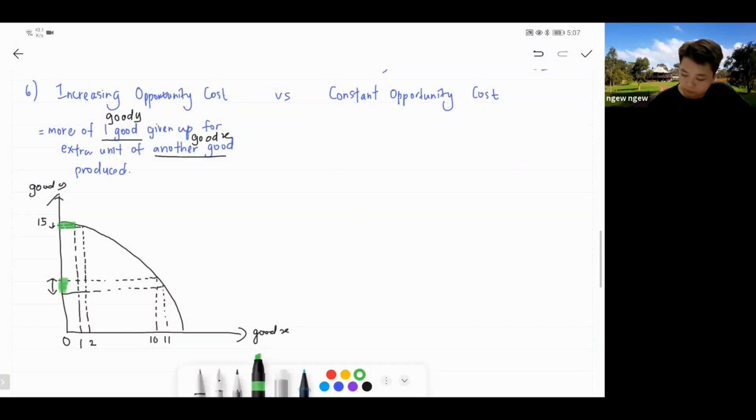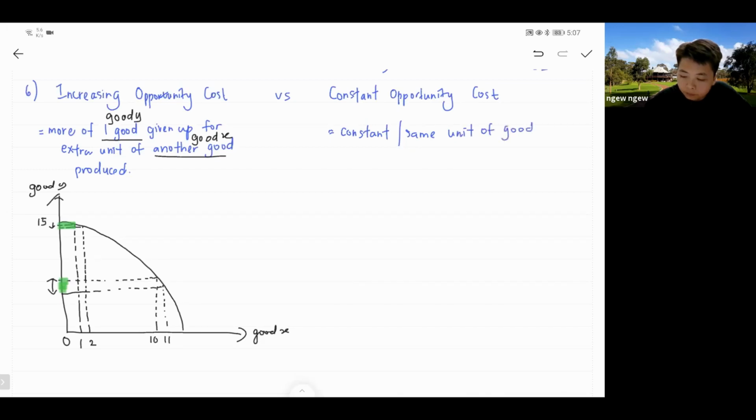And now, if we move on to constant opportunity cost, by definition you can put that a constant or same unit of good Y is given up for an extra unit of good X produced.